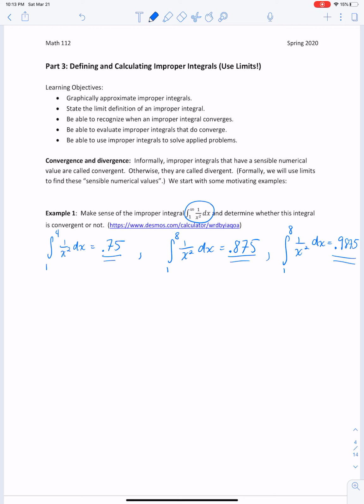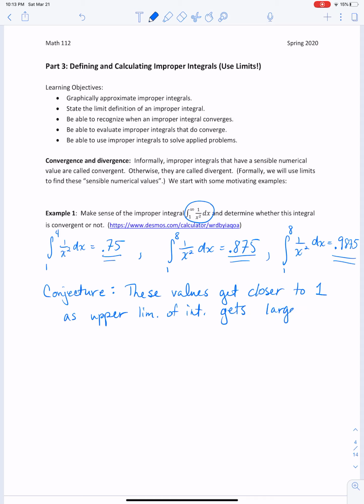And so that's our conjecture that we will need to make rigorous and check. Okay, so how are we going to check it?